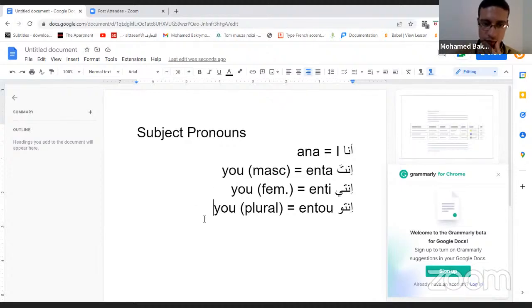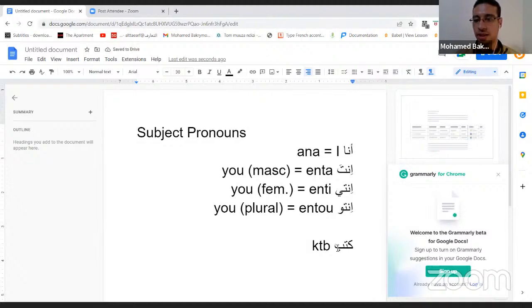For example, if I want to write a word like katab, which is the verb to write, I write it like this. This is the kaf, and then this is the ta, and then this is the ba.